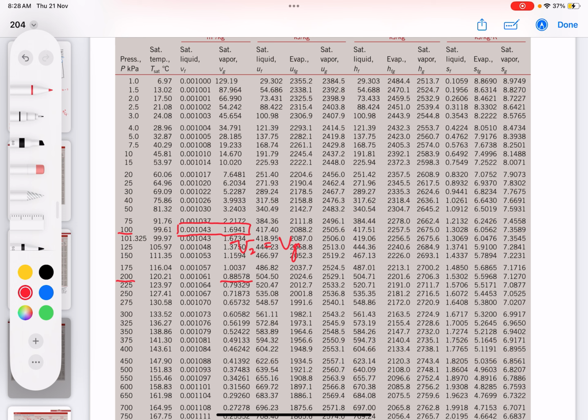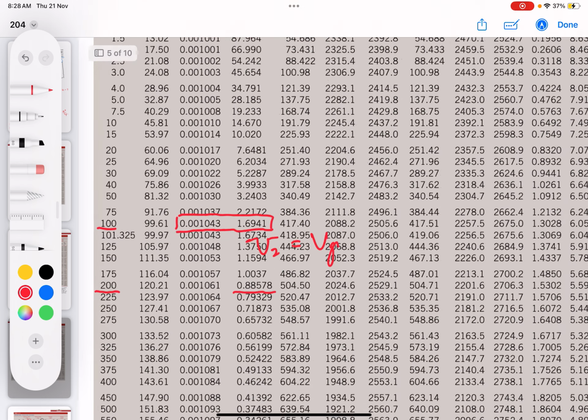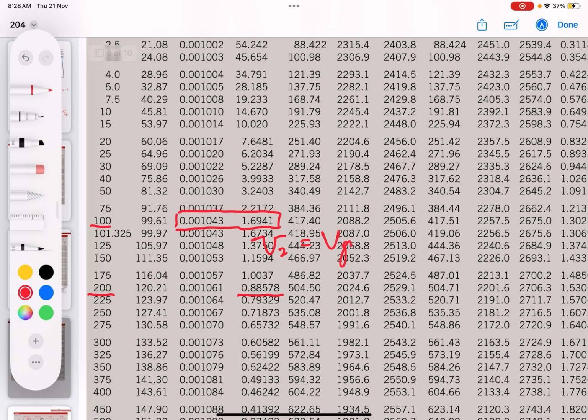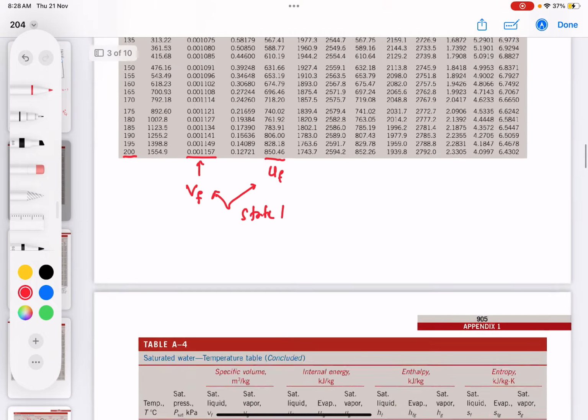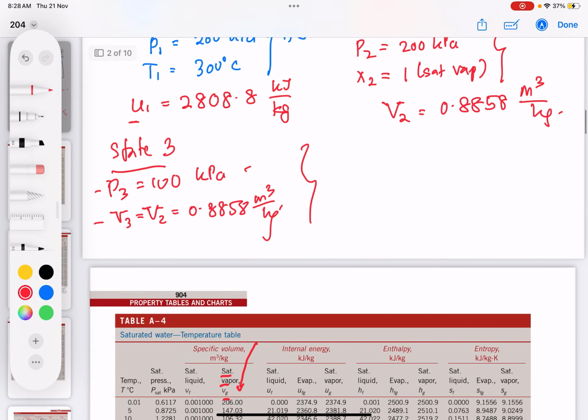I do know that my Vf equals 0.001043, and my Vg is going to be 1.6941. So I can rewrite over here.